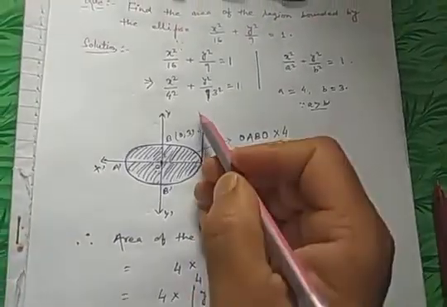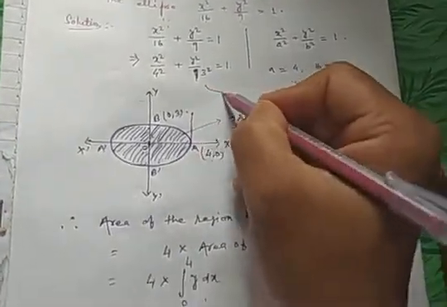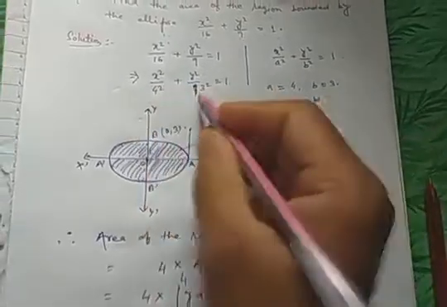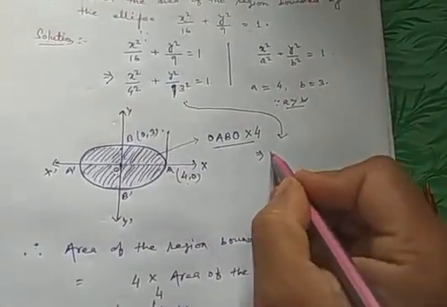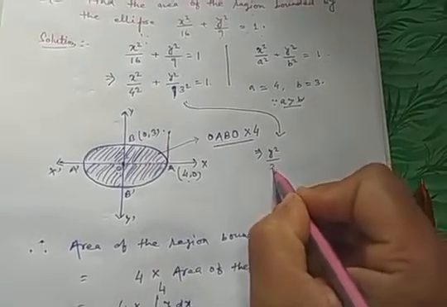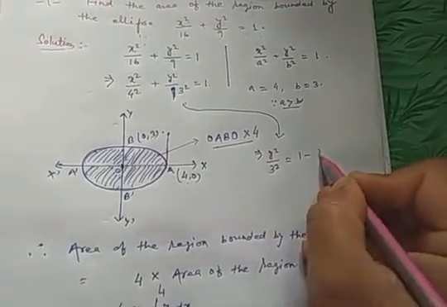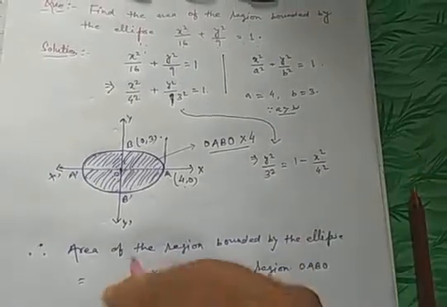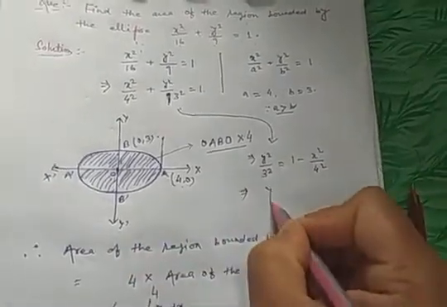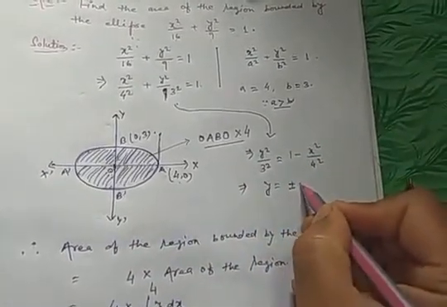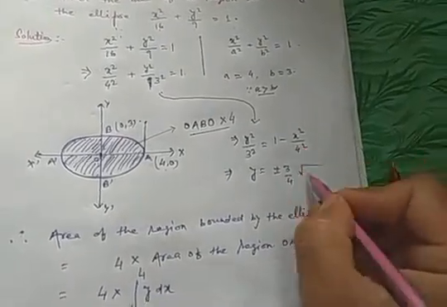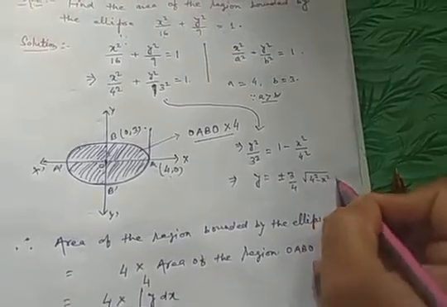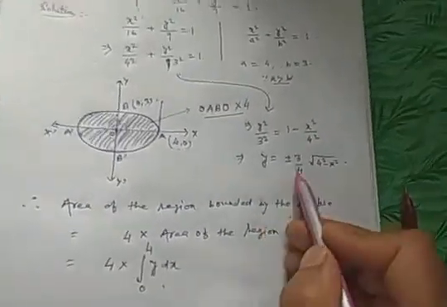Now from this curve, students, we can write y square upon 3 square is equal to 1 minus x square upon 4 square. This implies y is equal to plus or minus 3 upon 4 under root 4 square minus x square. Here we will take the positive value of y.